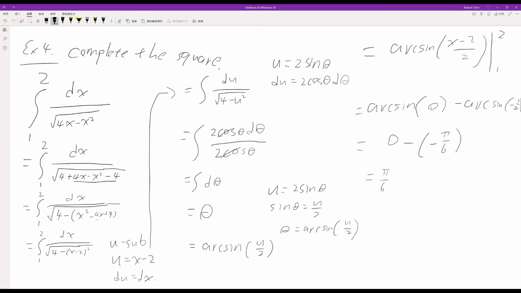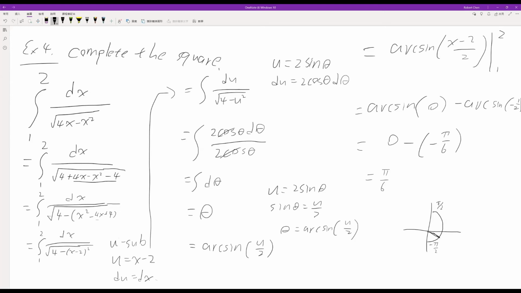Now remember that arc sine only covers the right-hand side of the unit circle, so its range is negative pi over 2 to pi over 2. So when we have negative 1/2, we're looking at this angle right here, which is negative pi over 6. That's how we get this. And that's the final answer, pi over 6.